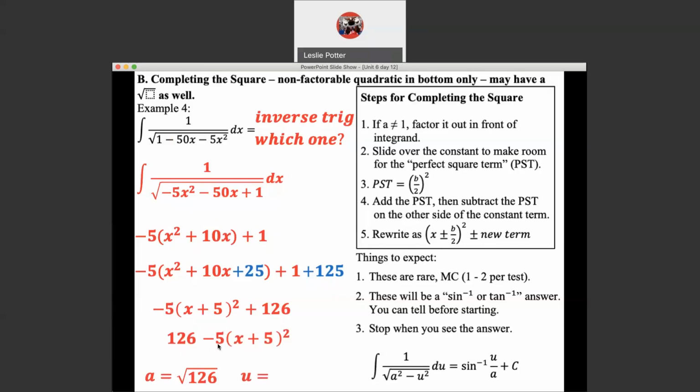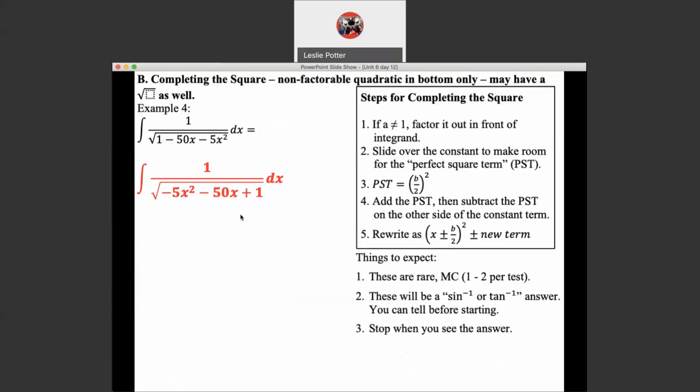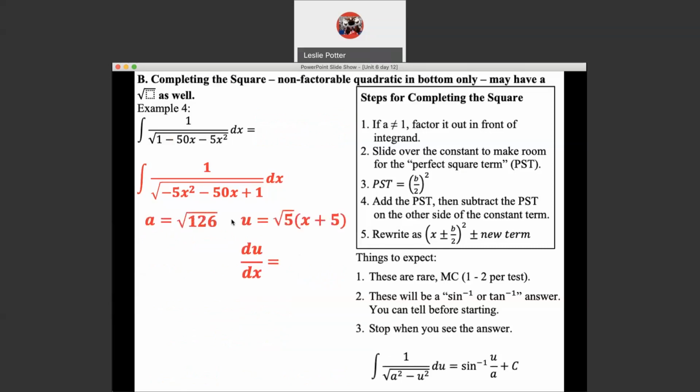Then u is the square root of 5 times the quantity x plus 5. I'm square rooting this because I just want the u. I'm just repeating this stuff here. We did that on the previous page. My du dx, if I distribute the root 5, is root 5.